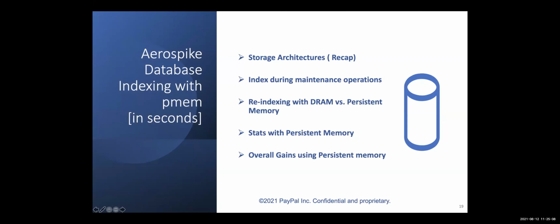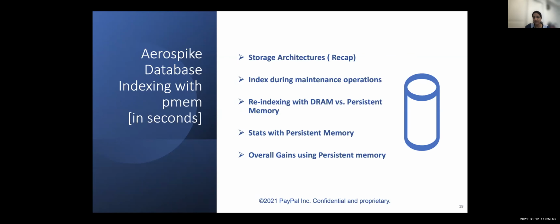Thank you, Vincent, for the insight on persistent memory. Good morning, everyone. In the first half of the presentation, we covered the persistent memory architecture and the Aerospike database configuration in PayPal. In this part, I'll mainly touch upon how persistent memory plays a major role in improving database indexing in Aerospike.